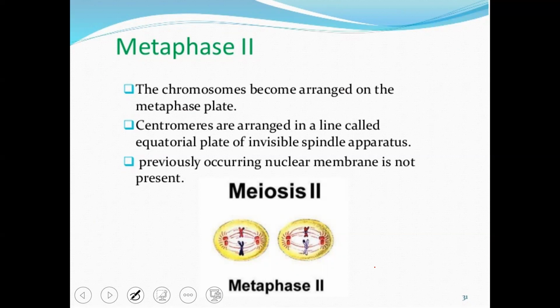The chromosomes, as usual, are held together at the centromere region with the help of spindle fibers. Centromeres are arranged in a line called the equatorial plane of the invisible spindle apparatus. Generally, the spindle apparatus is not so prominently visible in meiosis 2, but the chromosomes take the help of spindle fibers to attach themselves, because they have to be pulled in the next phase.